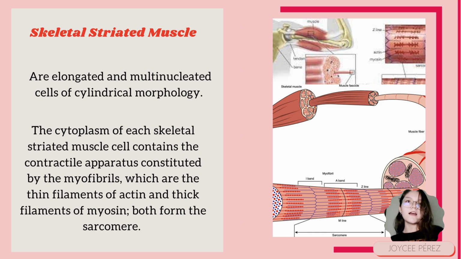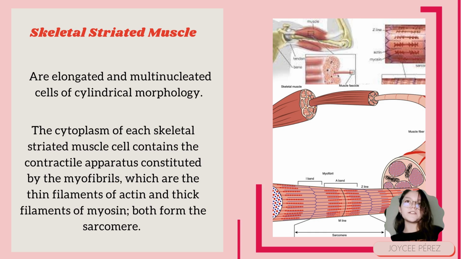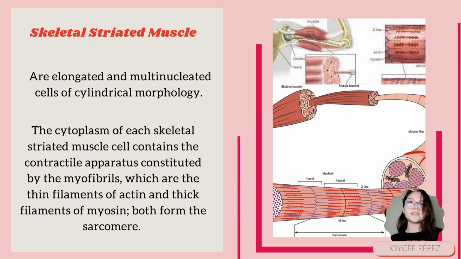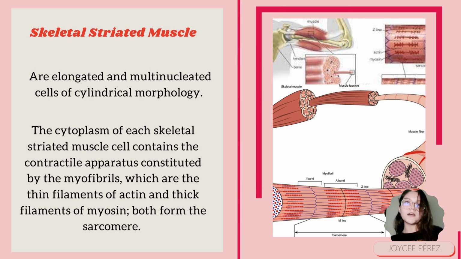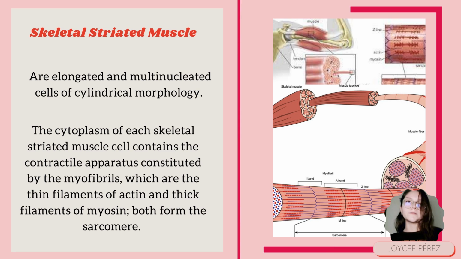Skeletal striated muscles are elongated and multinucleated cells of cylindrical morphology. The cytoplasm of each skeletal striated muscle cell contains the control apparatus constituted by the myofibrils, which are the thin filaments of actin and thick filaments of myosin. Both form the sarcomere.